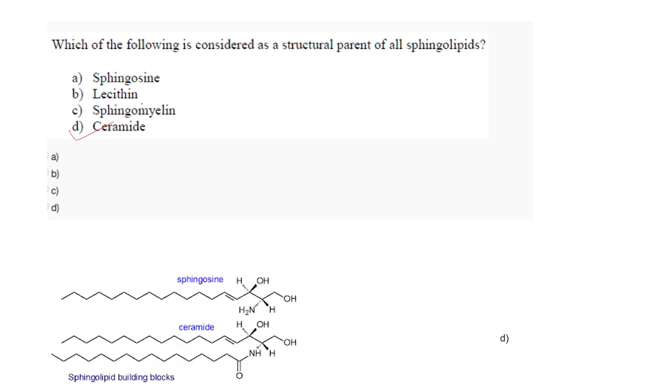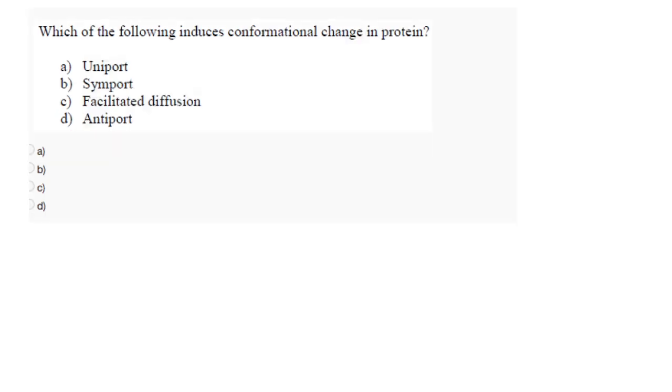If you see the structure here, sphingosine is made from the ceramide. If you break down this bond, you'll get this sphingosine. So option D is correct.